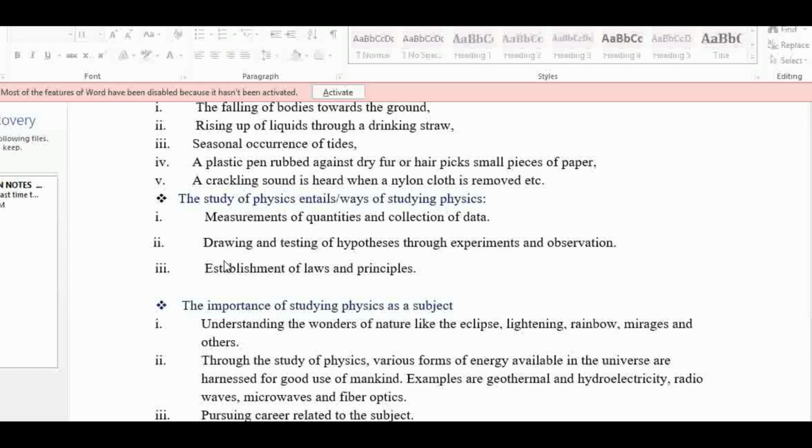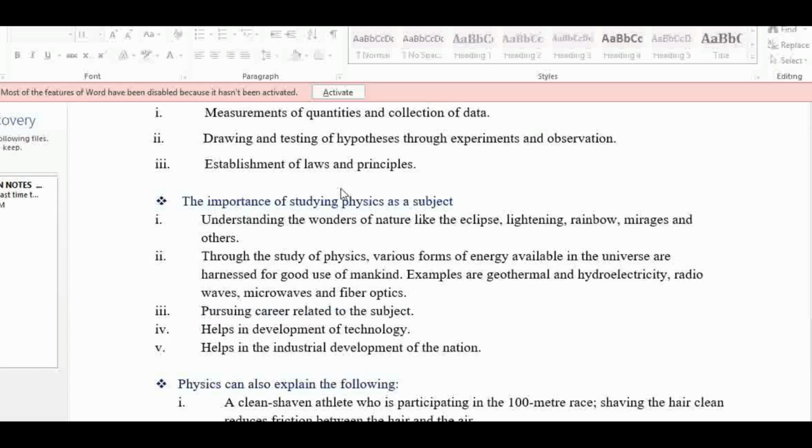Then the next step after the data has been collected, we draw and test some hypotheses, and these hypotheses can be tested and proved through experiments, and therefore observations can be made. Once the observations have been made and they correspond to what we are looking for, we can go ahead and establish laws and principles, which is the last step in the study of physics.